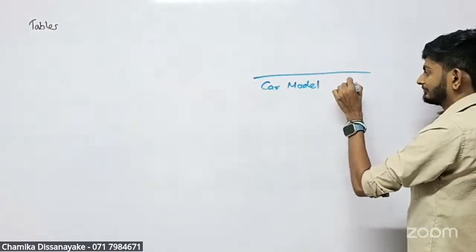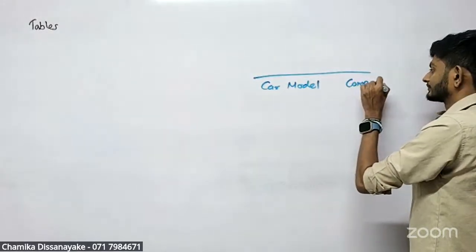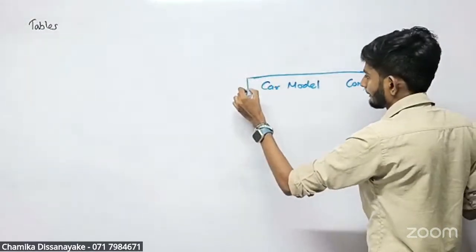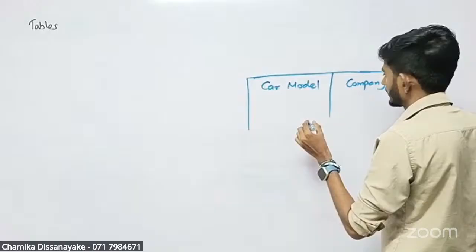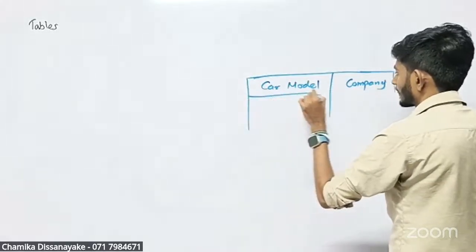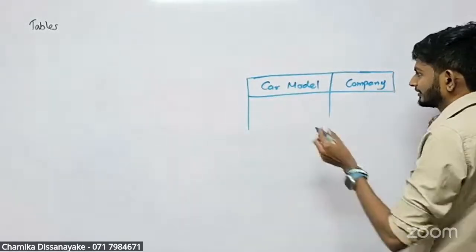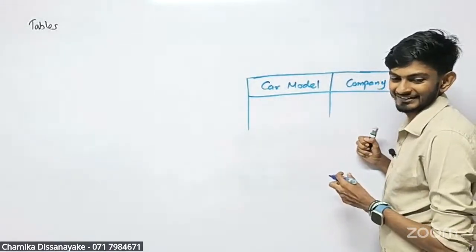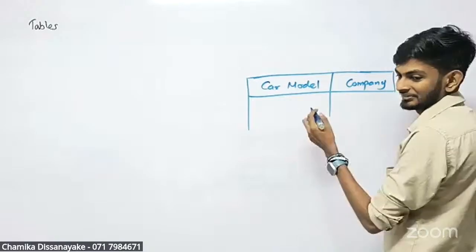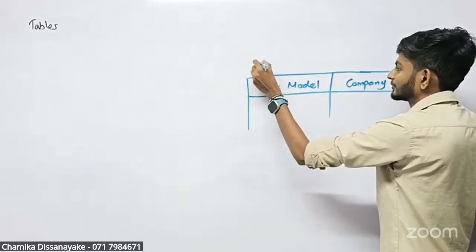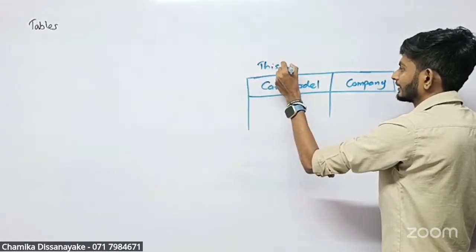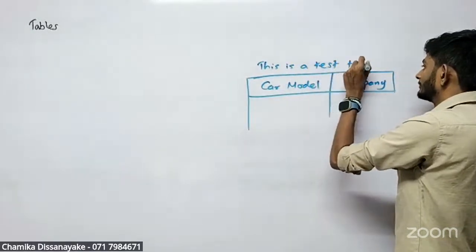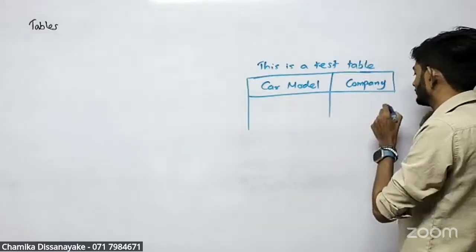Then we have content. I can't draw the straight lines, just neglect that. This is a test table. We have a caption. This is the caption. You know about caption.